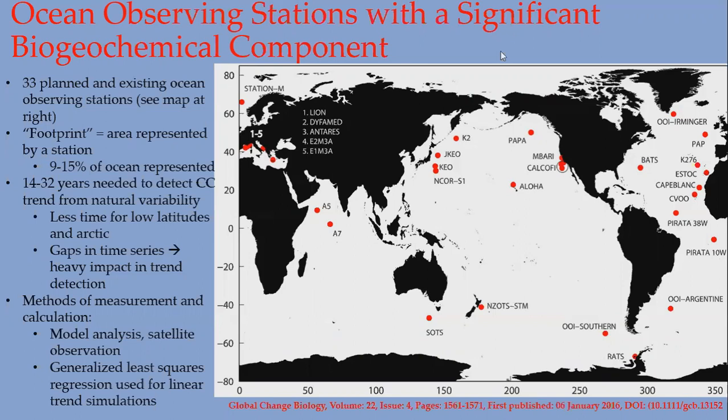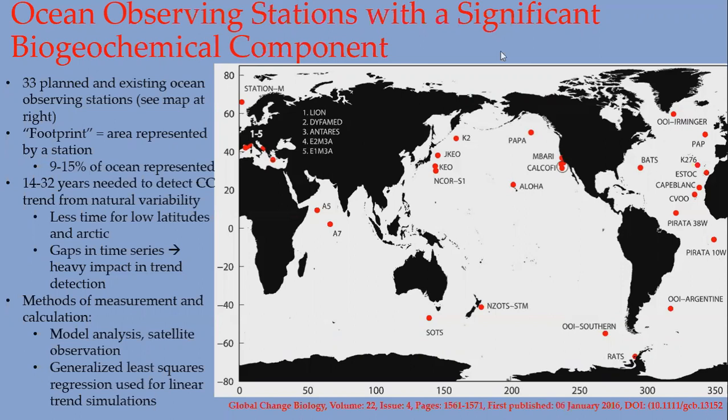But this indicates that their measurements may not accurately represent the entire ocean. In fact, only an estimated somewhere between 9 and 15% of the ocean is represented by the existing network of observatories. As for some terminology, the word footprint refers to the area that the observations and the data collected by an observatory are said to represent.